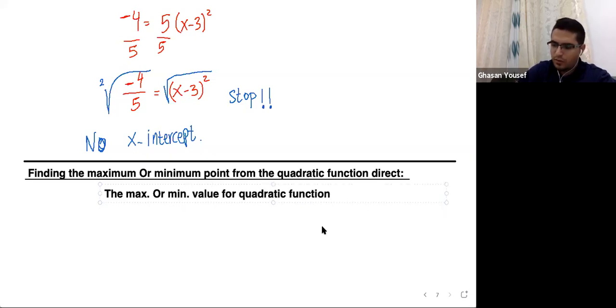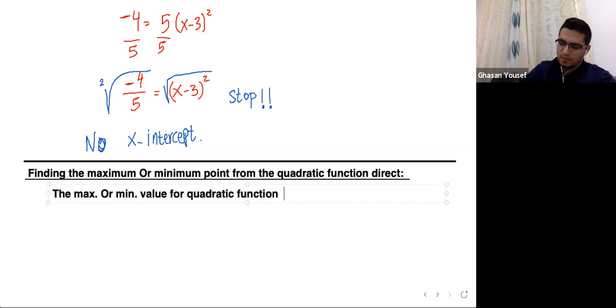I'm going to give you the quadratic function, f of x equal ax squared plus bx plus c.